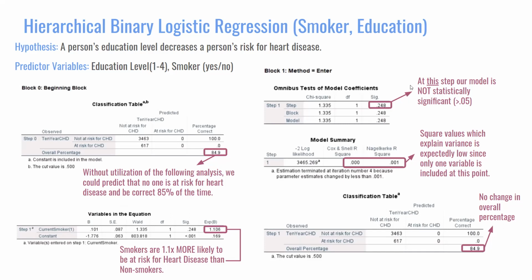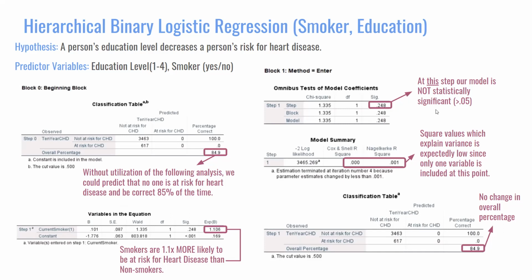The second slide is block 1. I've had to squeeze the variables in the equation over to the left because that's the only space I had left. Over in block 1, we showed that at this beginning step, our model is not statistically significant. It's greater than 0.05.